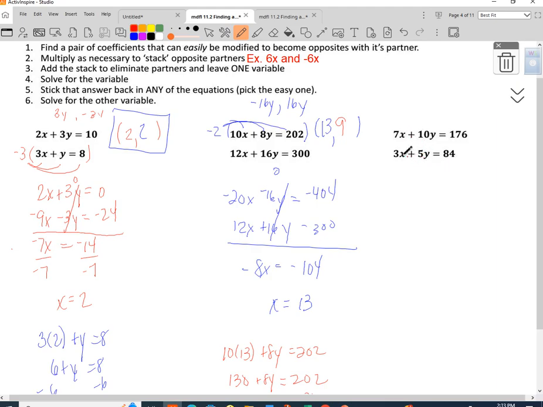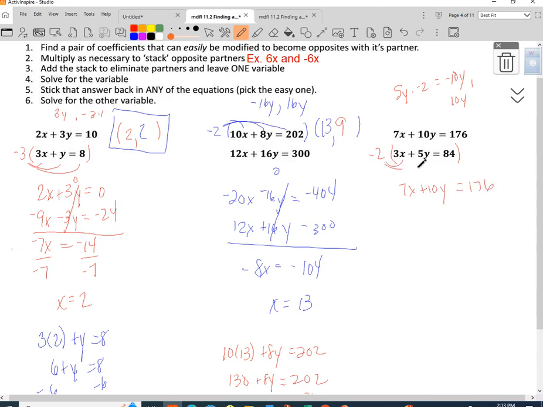So I'm going to use 5y times negative 2 to get my partners negative 10y and 10y. Positive 10y is here. So if I multiply this whole equation by negative 2, I'm going to be able to eliminate those y's. So I'm going to bring down my first equation, 7x plus 10y. I'm not doing anything with it right now.